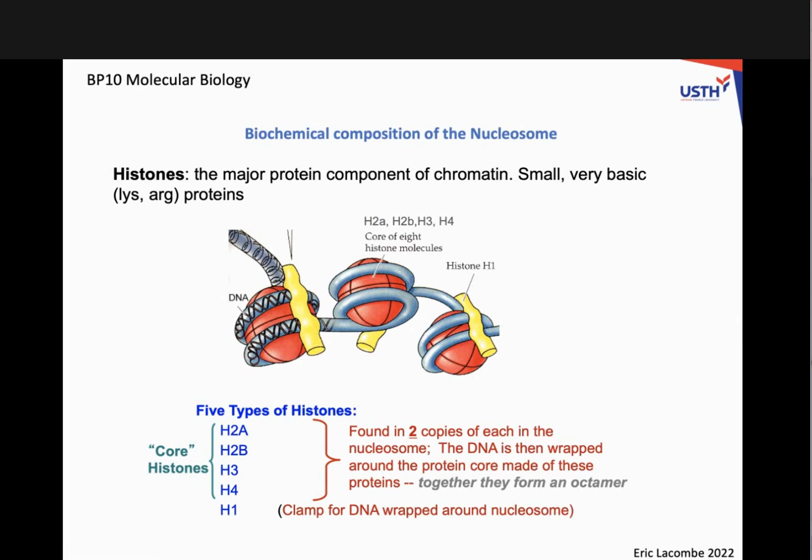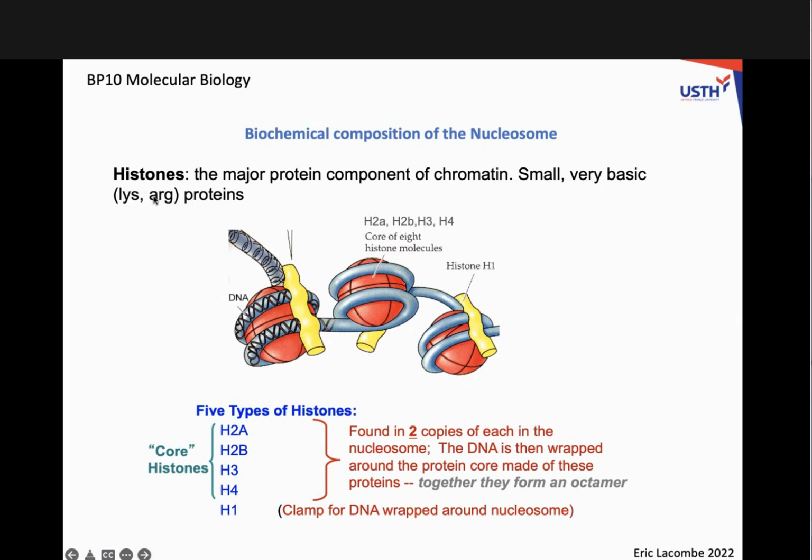We need to know a little bit the structure to understand the function after. Is it okay? Another point I forgot to tell you is that histones, in terms of biochemistry of proteins, are small proteins. That's not a problem, the size, but they contain a huge amount of basic amino acids, like lysine and arginine.